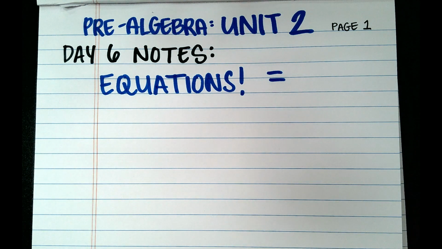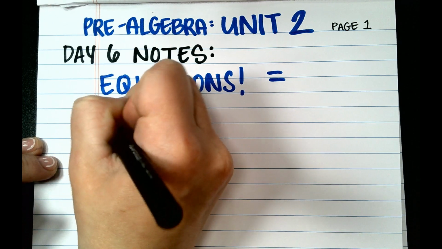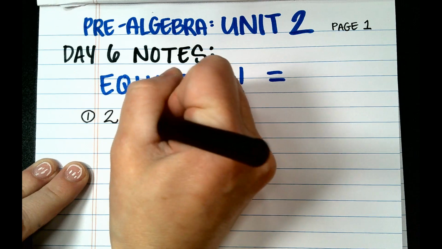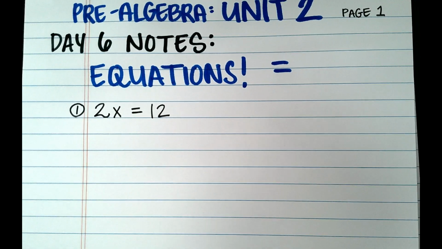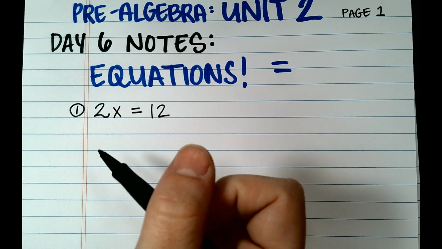It's going to be just like what I wrote on the do now. That first one I wrote was 2x equals 12.